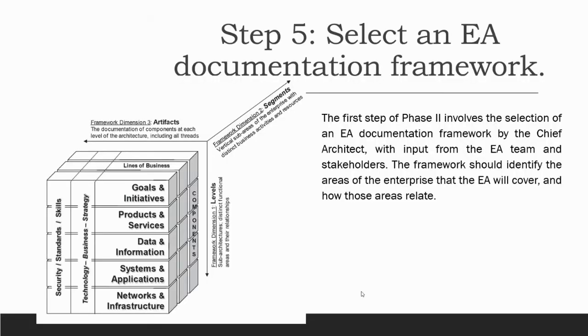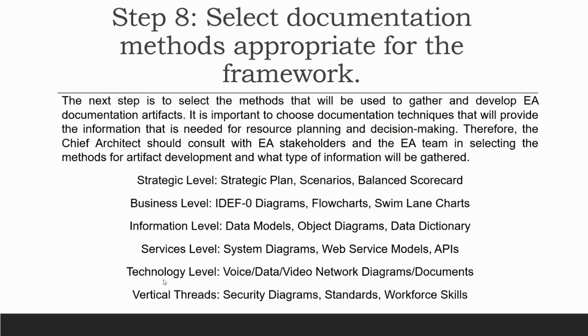As you can see here, we have the three threads: products and services, data and information, and systems and applications. It provides examples of activities that can be used with the cube and other frameworks.